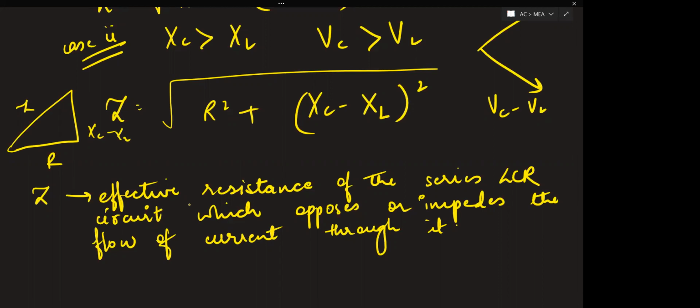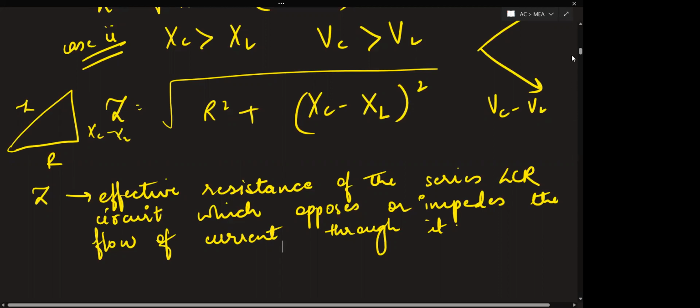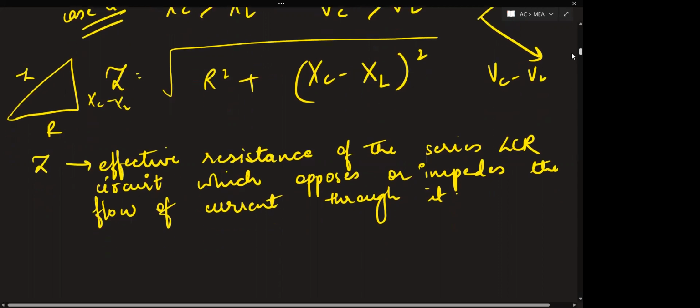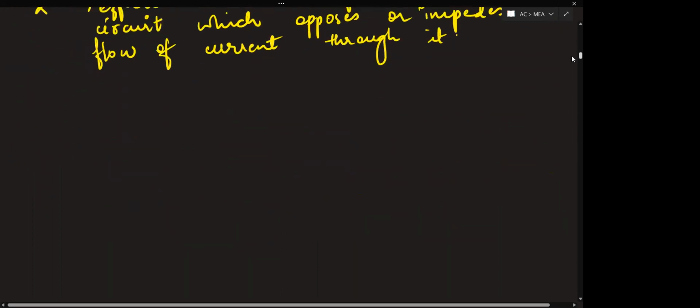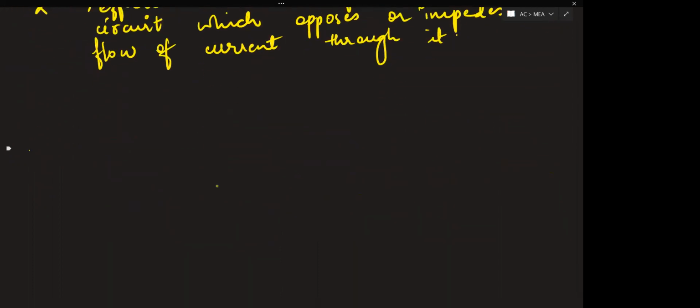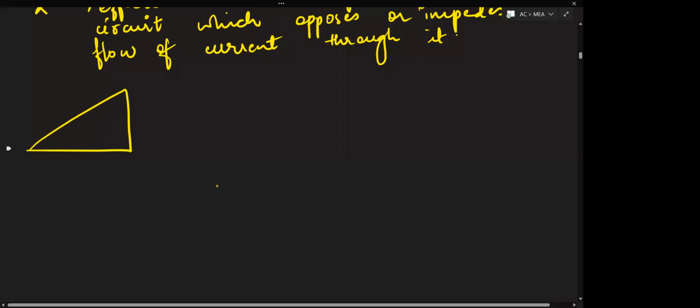From here, you can do one more thing. From this impedance triangle, you can find the value of tan theta, which will give you the phase angle. Let me tell you, take both cases simultaneously, then you will be able to make a comparison.